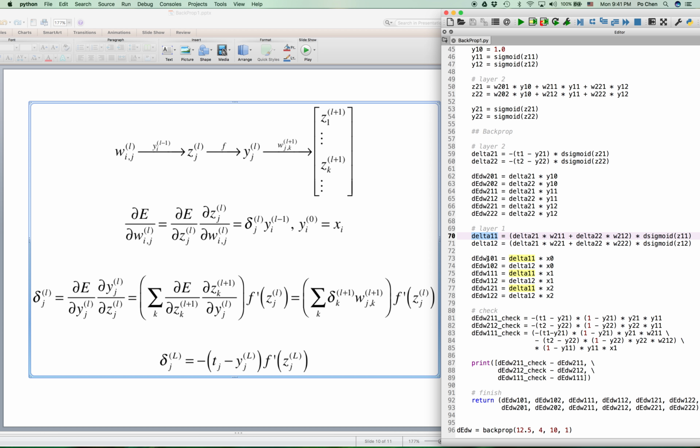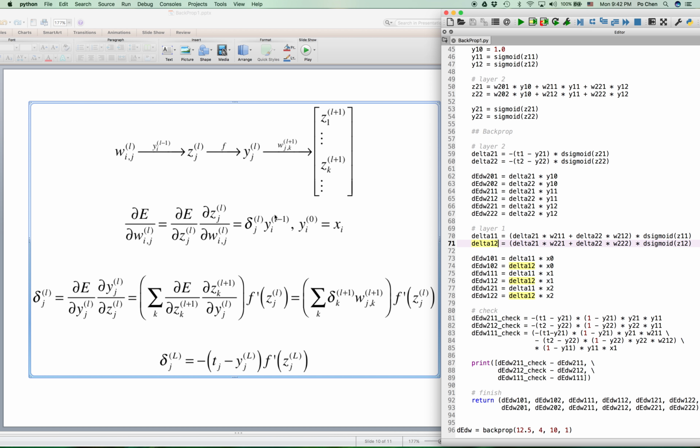The calculation for delta 1 2 is similar. Once the deltas for layer 1 are obtained, we can compute the derivatives of the error with respect to the 6 weights in layer 1. The only thing we have to pay attention to in this layer is that the superscript for the y, L equals 1, so 1 minus 1 is 0.